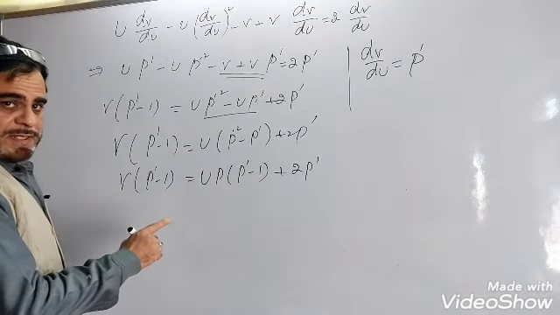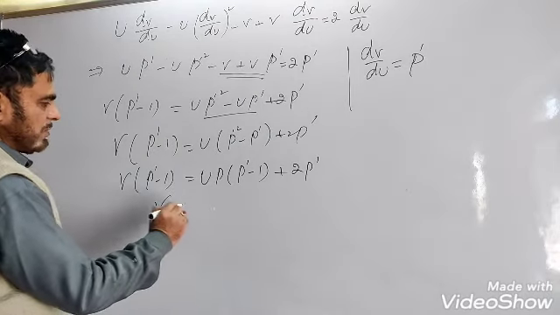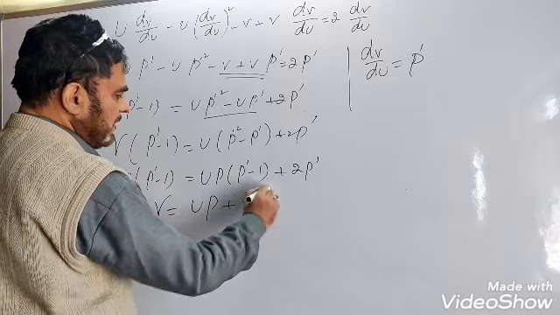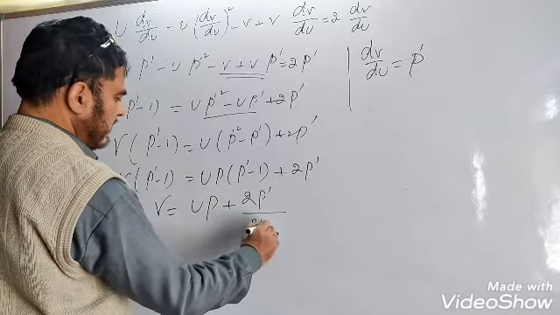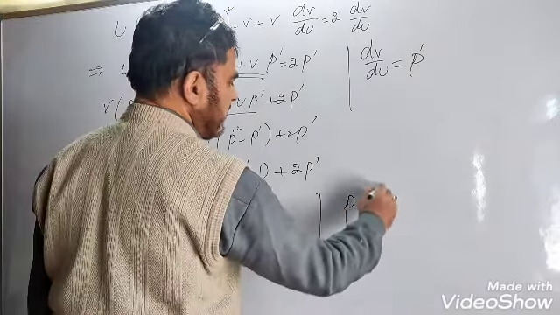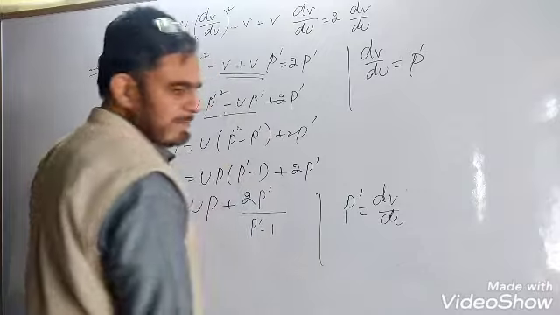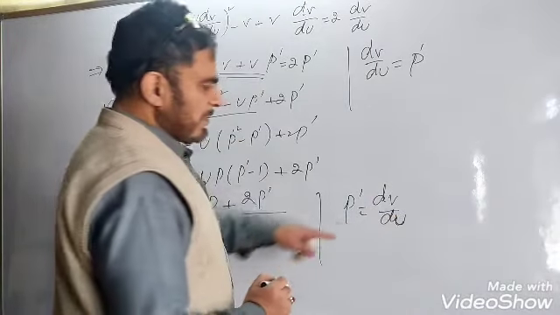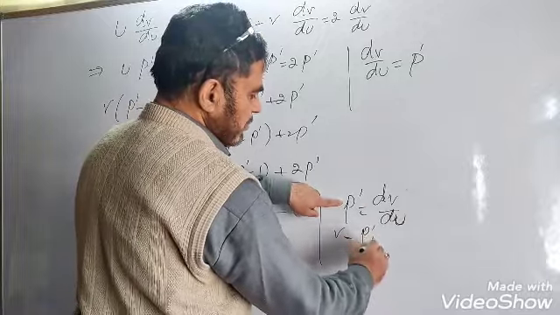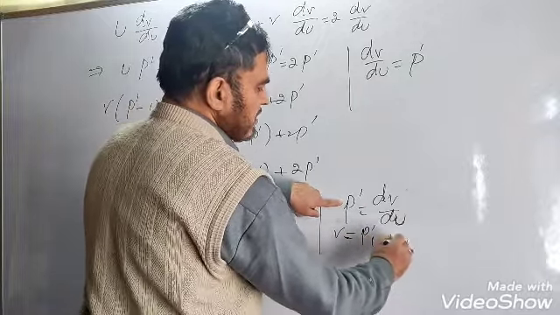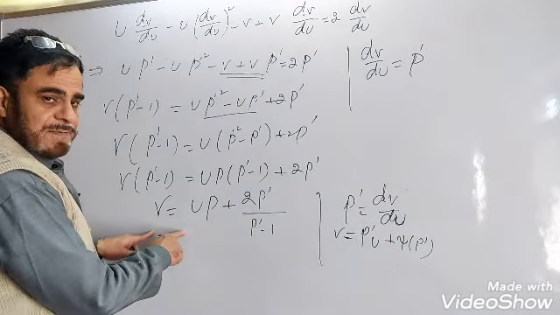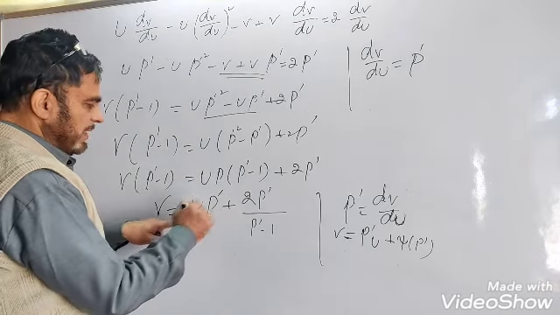Dividing both sides by p dash minus 1, this will be v is equal to u p dash plus 2 p dash by p dash minus 1. Now what is this? Your p dash was dv by du. What is the corresponding Clairaut's equation for this? It is v is equal to p dash u plus some function of p dash. Now this is a Clairaut's equation.